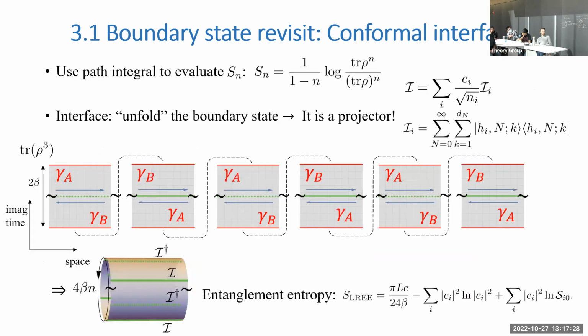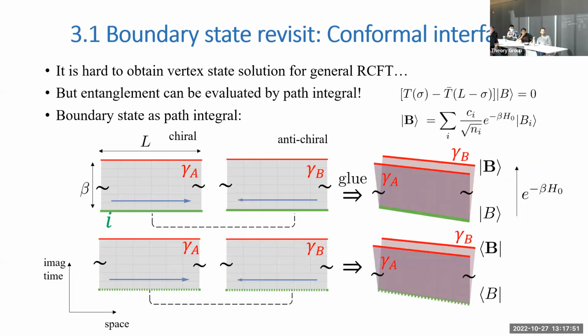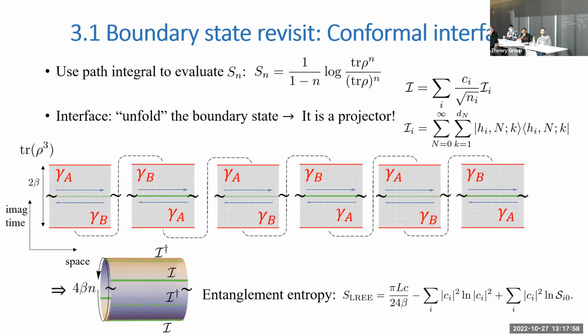And suppose we want to use that picture to compute the entanglement entropy. What we are going to do is use a practical trick to first compute the Rényi entanglement entropy and then take the limit and go to one eventually. So the idea is that in the previous slide the boundary state is kind of like a folded picture. So we can unfold this boundary state.